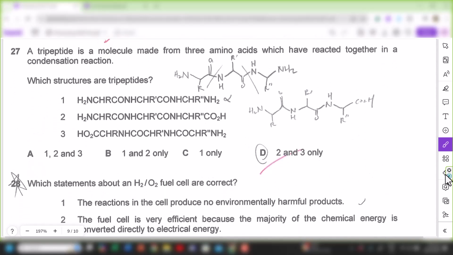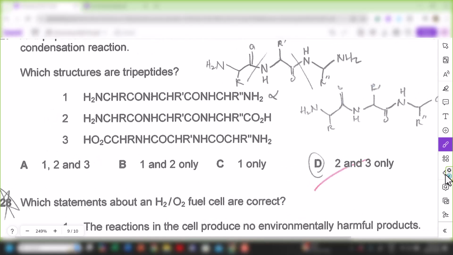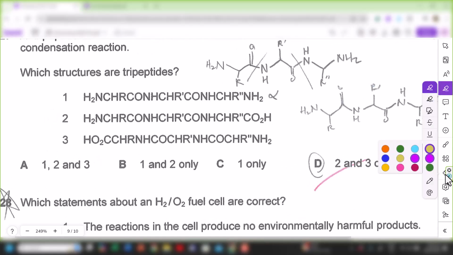Question 27. A tripeptide is a molecule made from 3 amino acids which have reacted together in a condensation reaction. Which structures are tripeptides? I'm just going to highlight them with different colors so that it's easier. Orange first. I'm going to highlight all the amino acid residues. So this is H2N over here, so this is one amino acid residue.